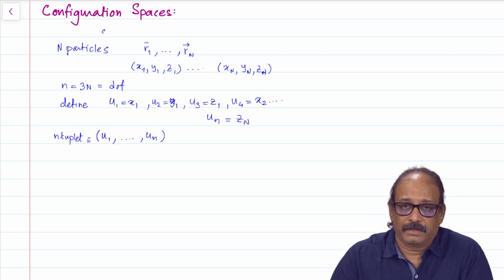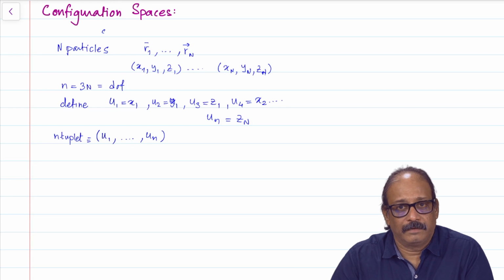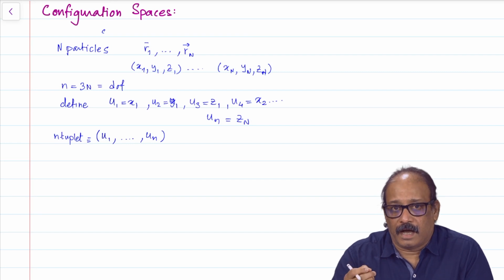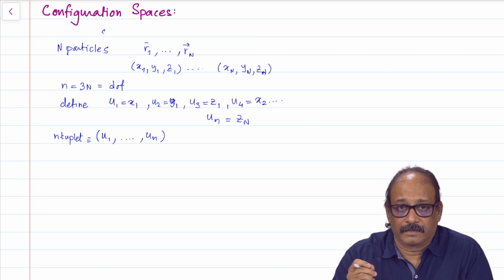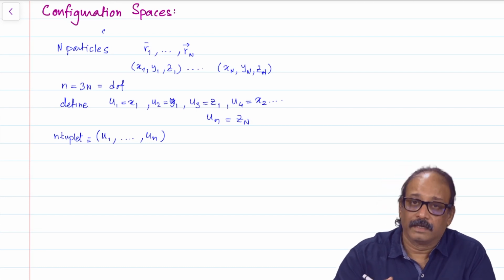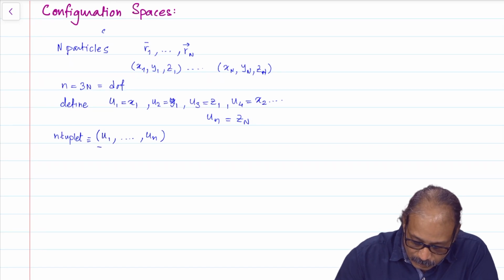Now, by the word configuration, what I really mean is if I know the location of each one of those particles, then of course I know the configuration of the system. Okay. And the entire information of this configuration is in fact included in this n-tuplet.